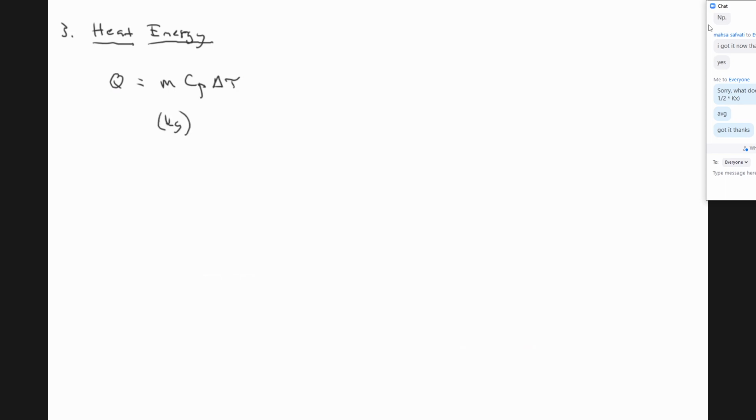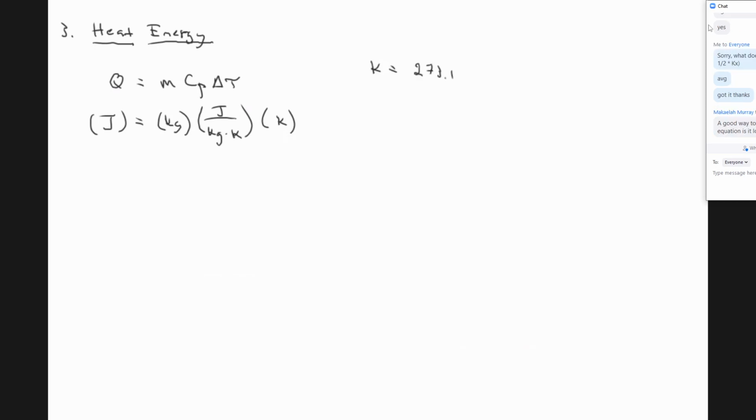Mass is in kilograms. Heat capacity at constant pressure is joules per kilogram Kelvin. And temperature is always in units of Kelvin. Kilograms will cancel out, Kelvins will cancel out, leaving you with joules. Remember that Kelvin is simply 273.16 plus degrees Celsius.